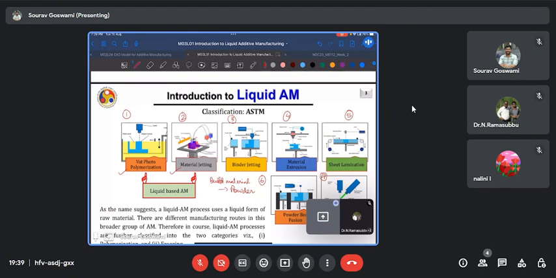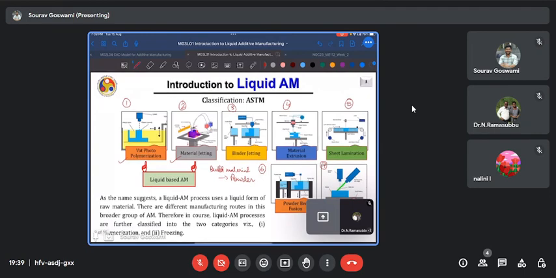So, as per ASTM, it cannot be classified as a liquid-based AM process. As we discussed, a liquid AM process uses a liquid as the raw material. That is, the build material and the support material should be liquid in nature.